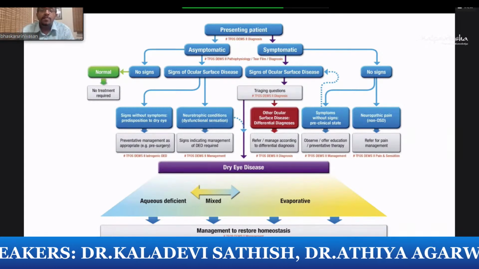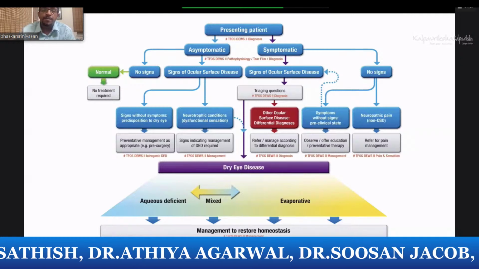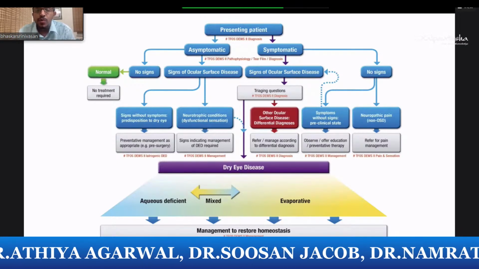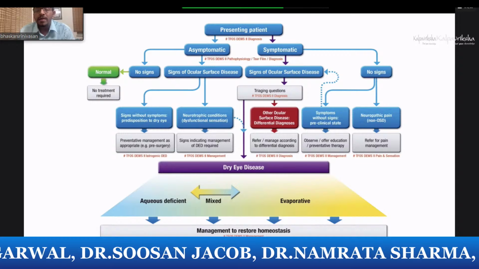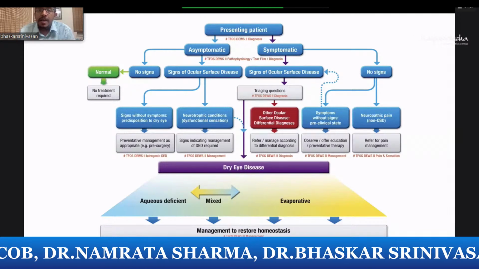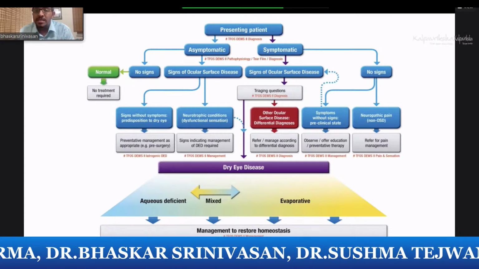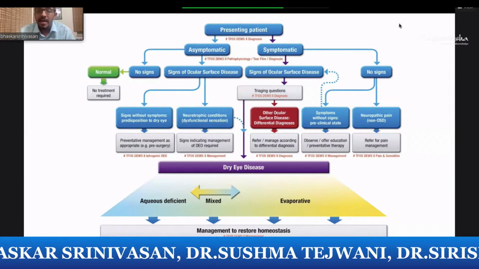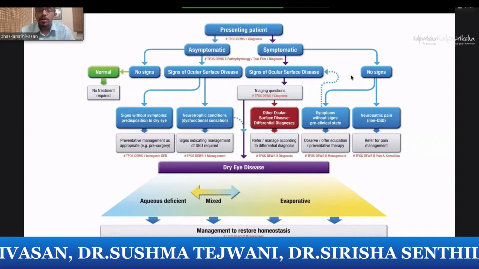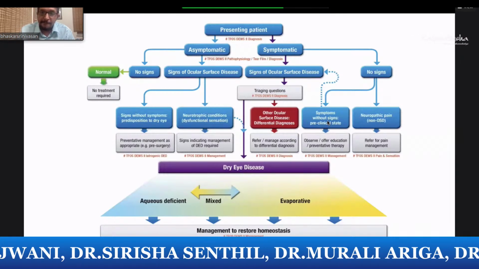Or you are looking at a very preclinical disease state, and if you're planning to take the patient up for cataract surgery or refractive surgery, you would need to keep the patient primed, or improve the ocular surface status before planning the refractive procedure. Again, if you're dealing with a symptomatic patient but you're not seeing too many signs on the surface, it could be something called neuropathic pain that needs to be addressed.